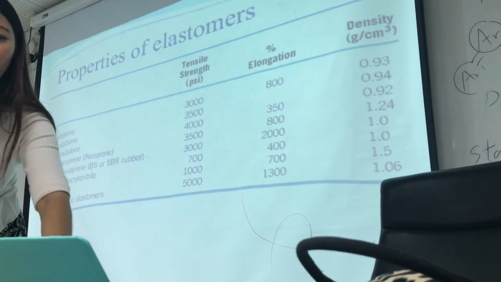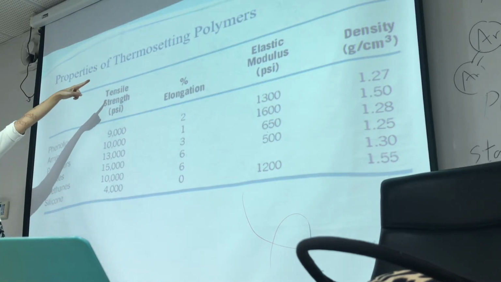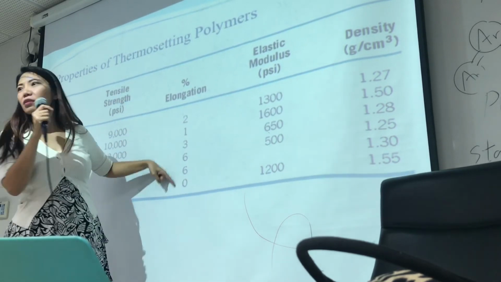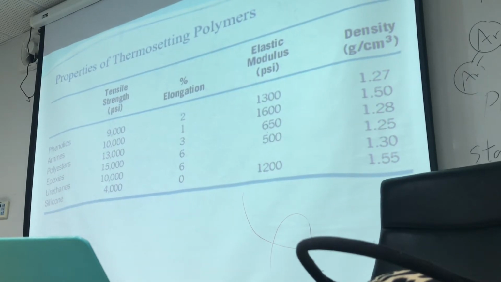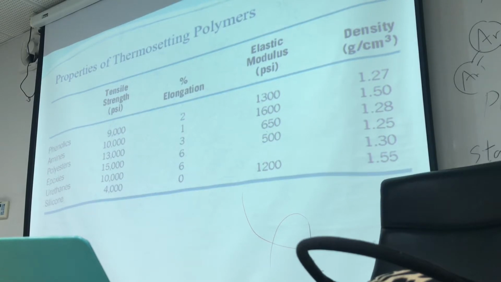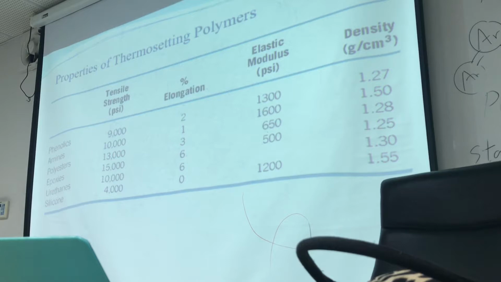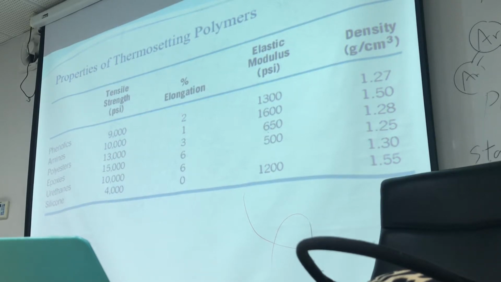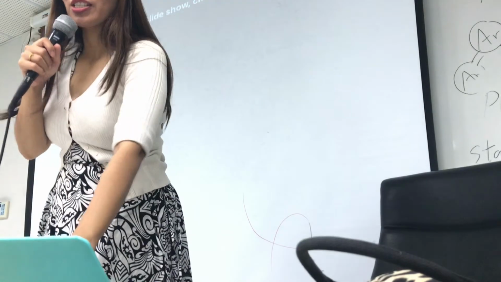But if you take a look at thermoset, you see elongation just less than 10%. Thermoset is quite strong. So that means you cannot stretch it that much. You see that, right?